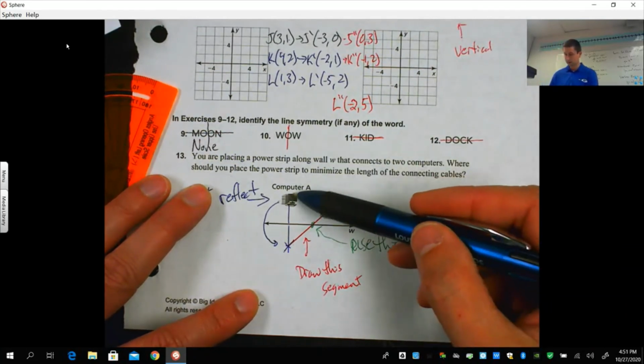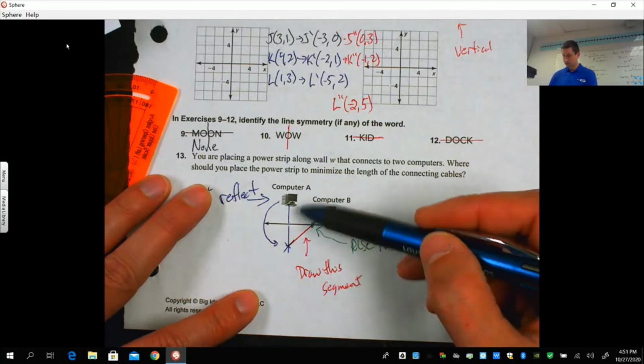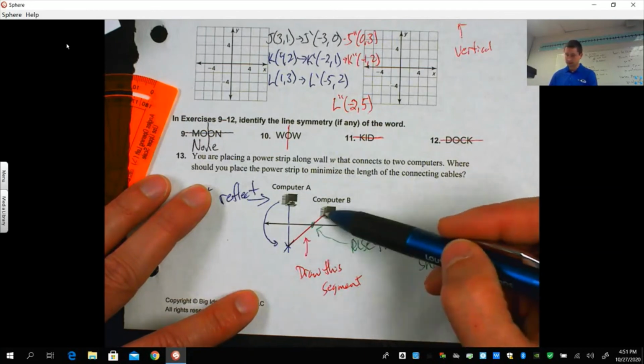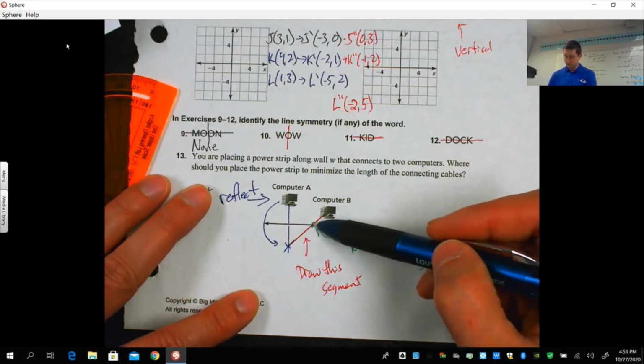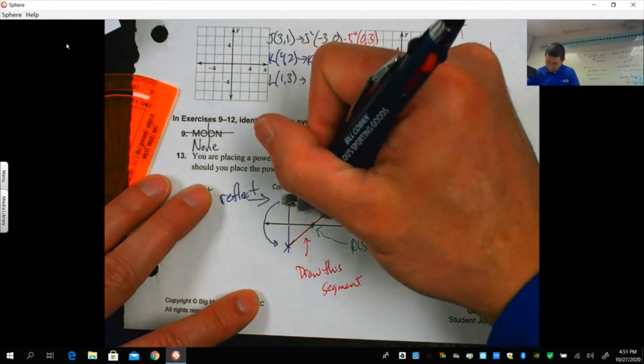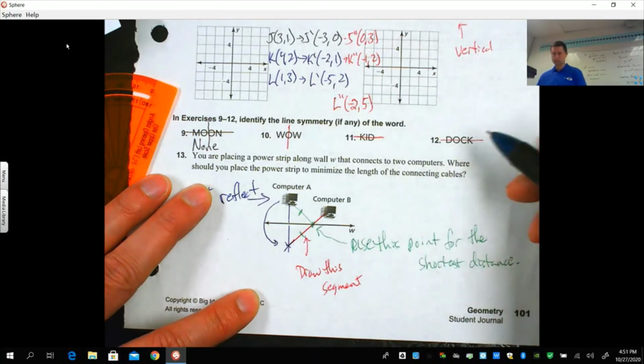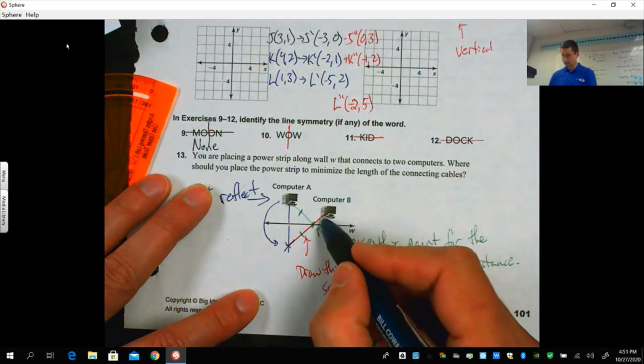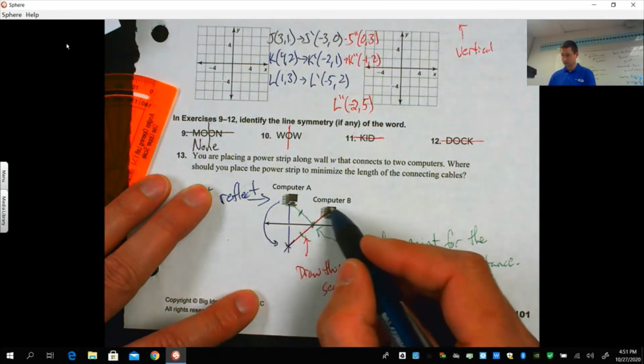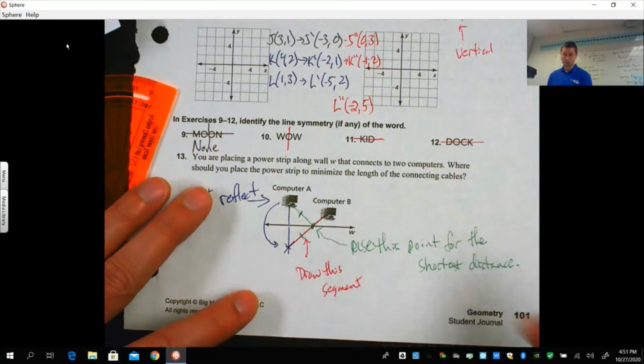So you reflect one over, draw the connecting line to the other one, and then that point right there, because if I connect this segment should be the same as that segment. Okay, they should be congruent. So this is going to be the shortest distance between computer A and computer B with that port right there.